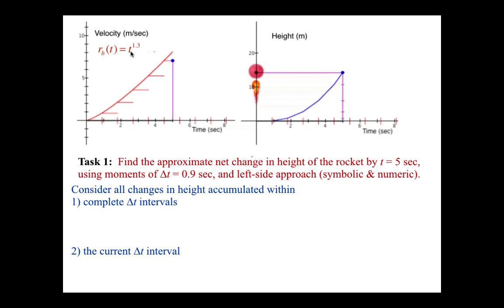Where it says symbolic and numeric, try it once with function notation, and once with things like 0.9 to the 1.3 power, sort of numeric, but don't bother working out the expressions. This is like evaluating a single line of that piecewise function without writing out the piecewise function. How far did the rocket rise between time 0 and time 5, which is where this graph is frozen right now?